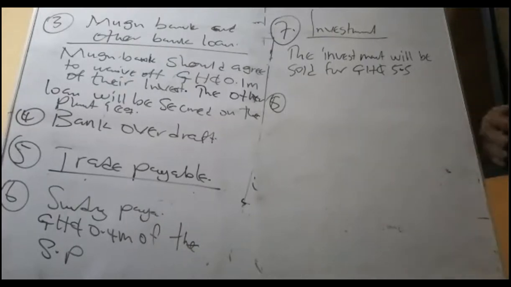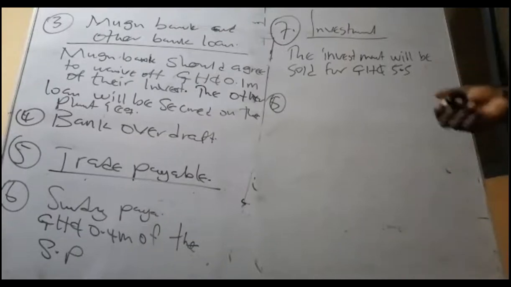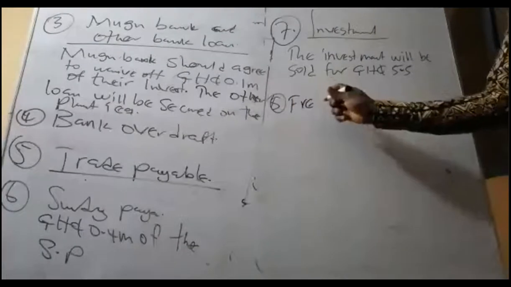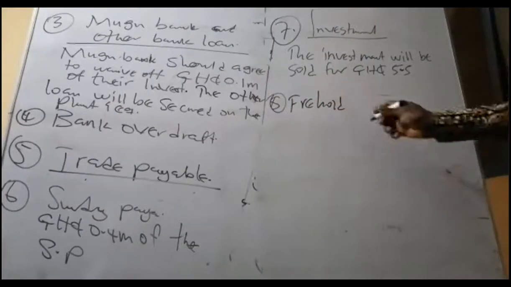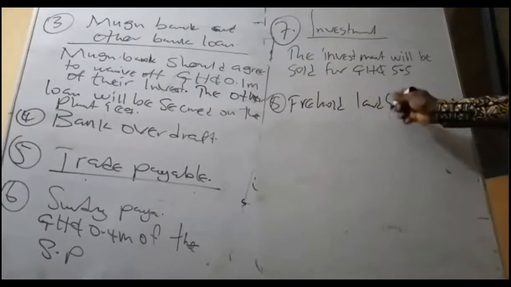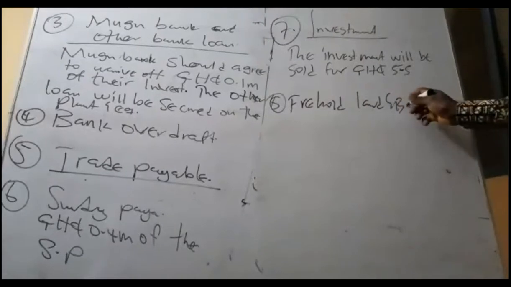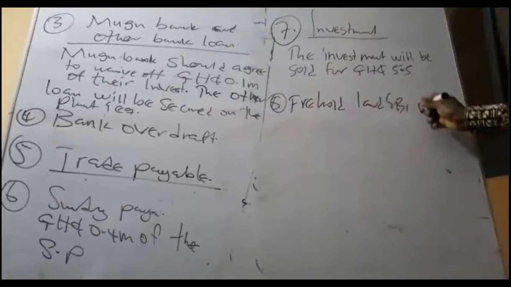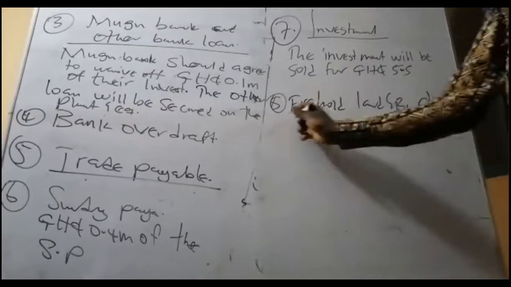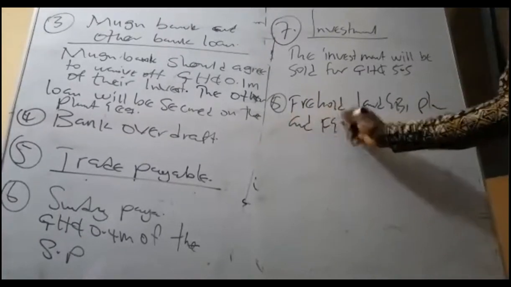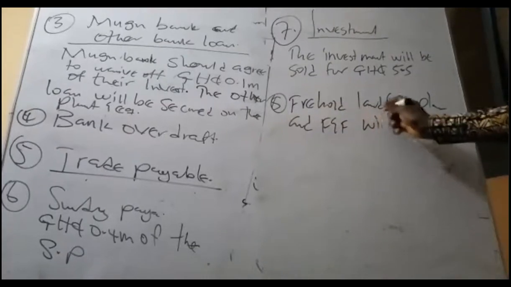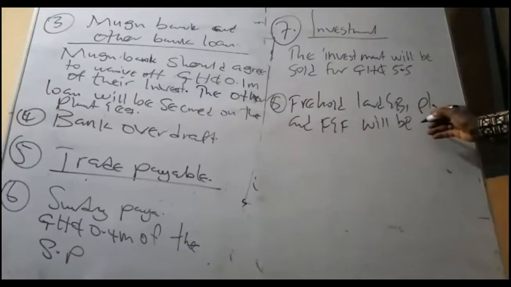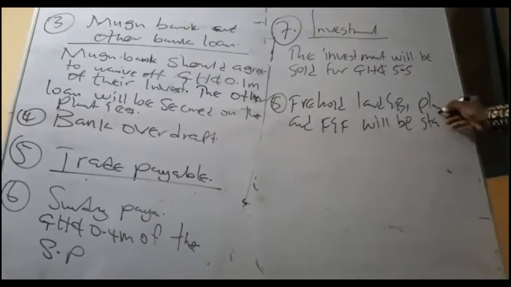So here you can see that the freehold land and building, plant and machinery, and furniture and fittings will be stated at their recoverable amount.